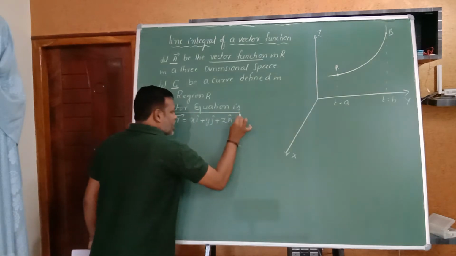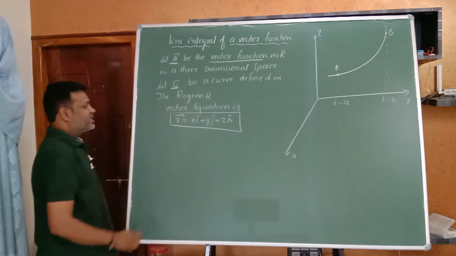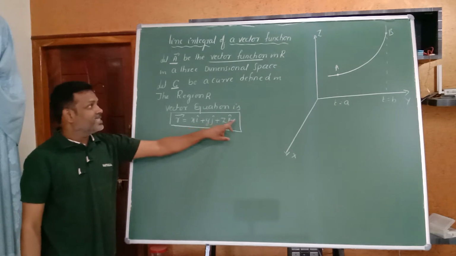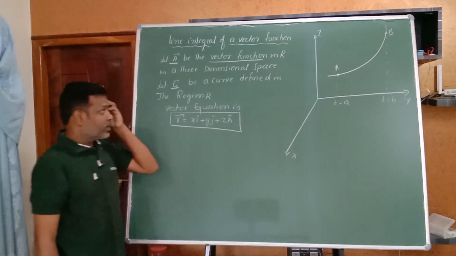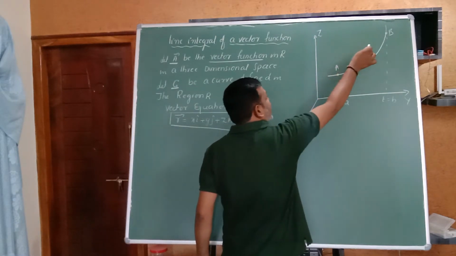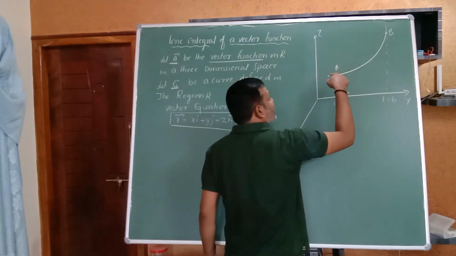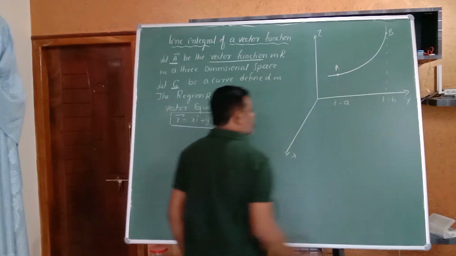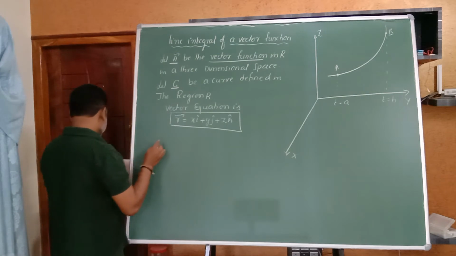The vector equation is taken as r equals xi plus yj plus zk. Here a and b are two points on the curve with t is equal to a and t is equal to b.